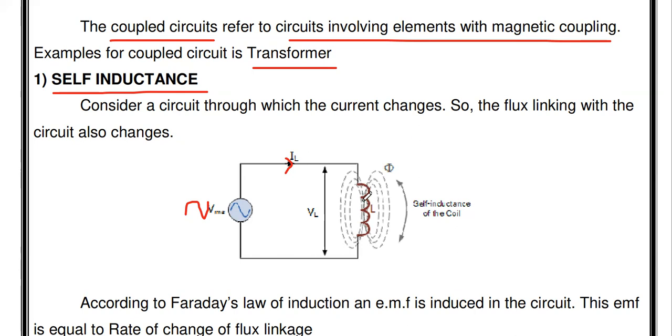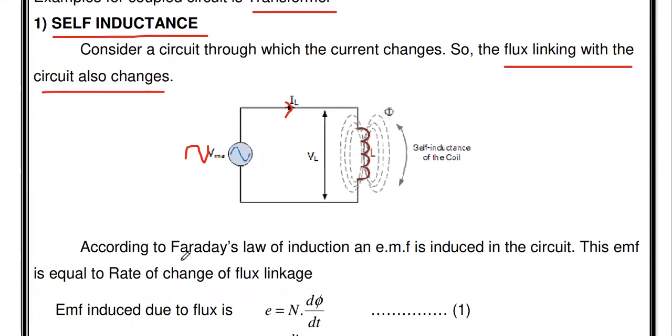Whenever the current changes through this inductor, the flux linking with the circuit also changes. If current is flowing through the inductor, there is production of flux, so the flux linkage phi is also varying. According to Faraday's law of induction, if current is flowing through the inductor and flux is produced across the inductor, an EMF is induced in that particular circuit.